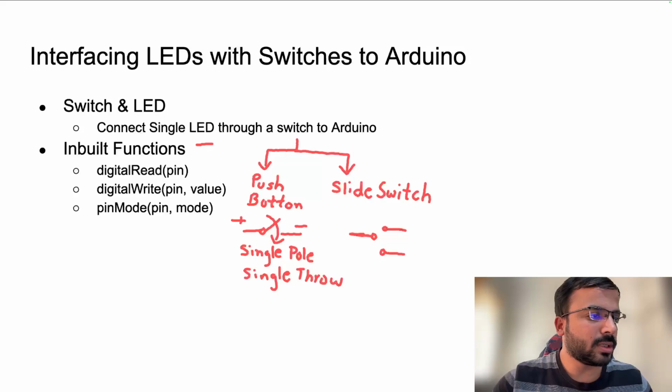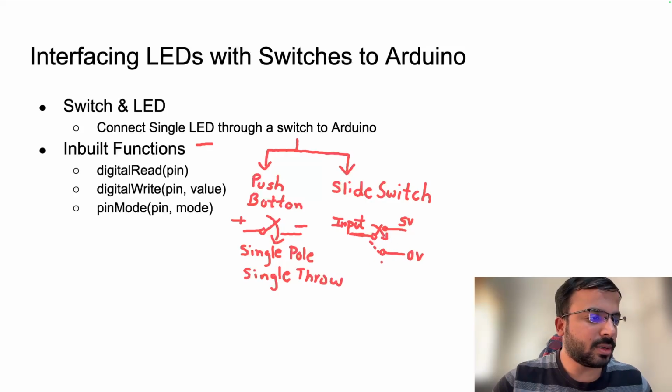Now you can either connect to this or you can have this connection. This is the input pole, and we can either connect to 5 volts or we will have one connection at 0 volts. So your circuit will complete accordingly.